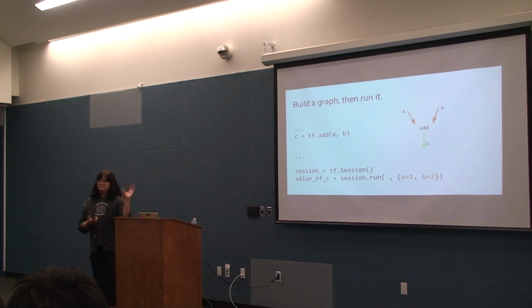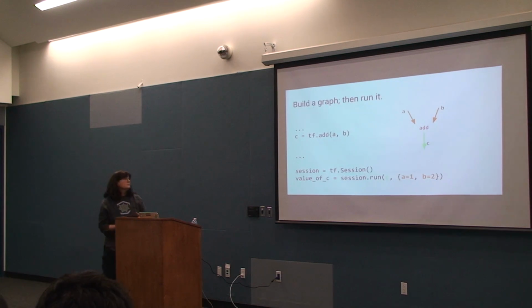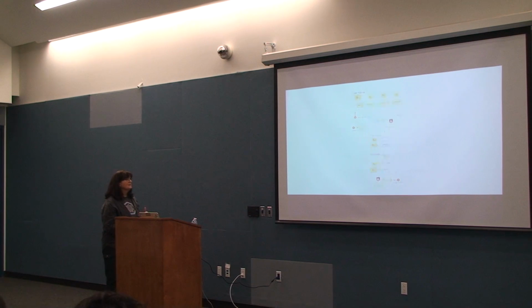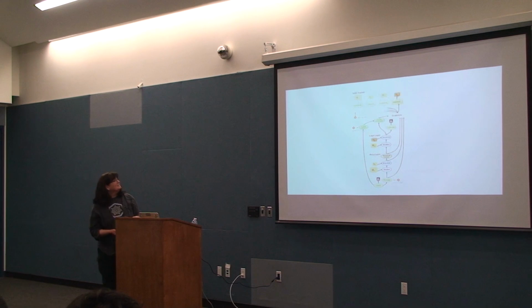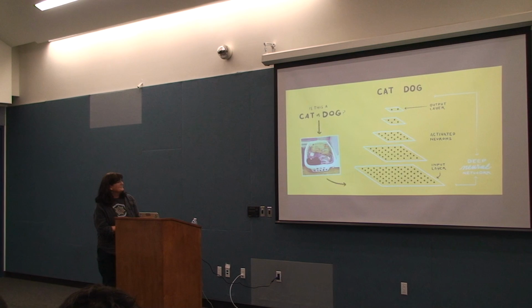You define the graph, and oftentimes people define it in semantic chunks, putting it together piece by piece. Then they'll create a session, and they'll run the training in that session. And then they'll use the result, the trained model, for prediction. This is just a cute animated GIF that illustrates that, but I don't think you can see it very well.